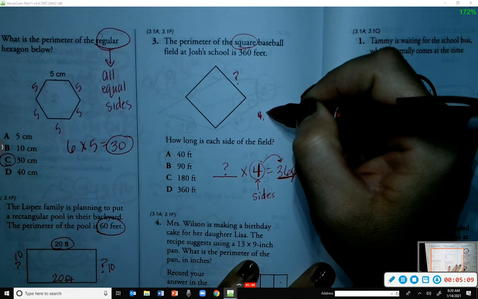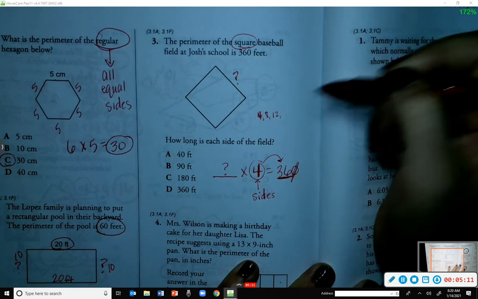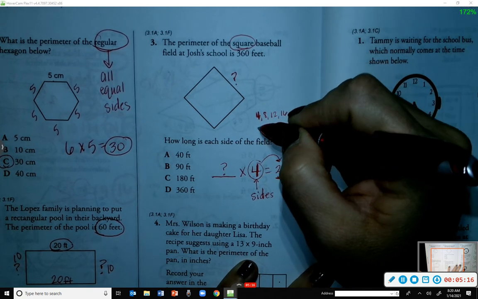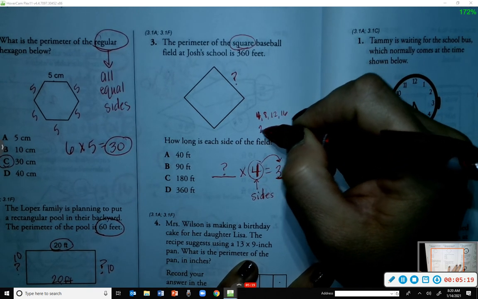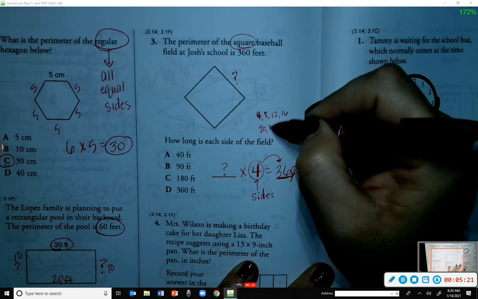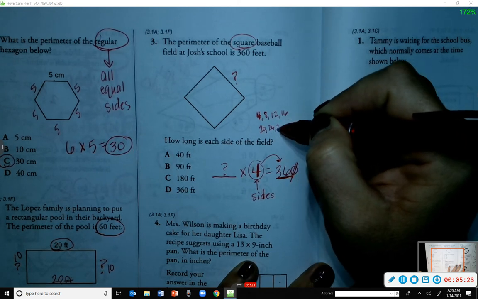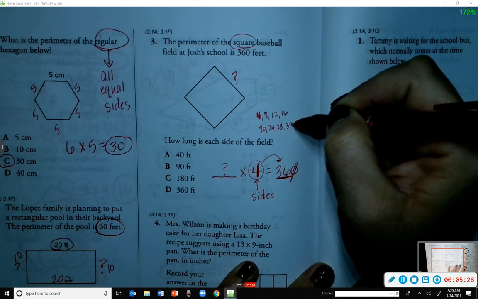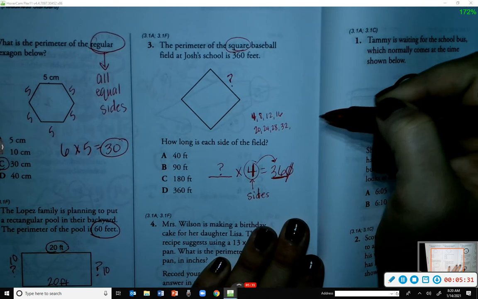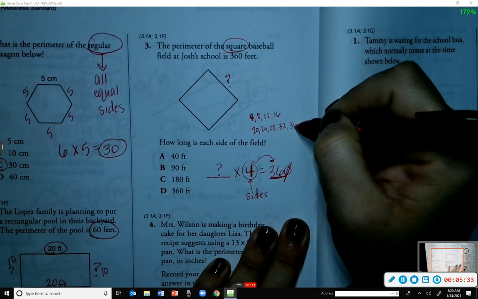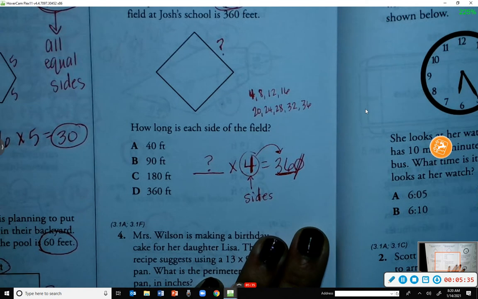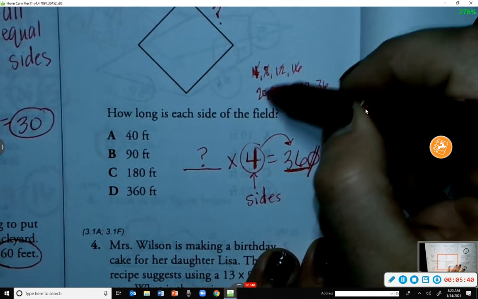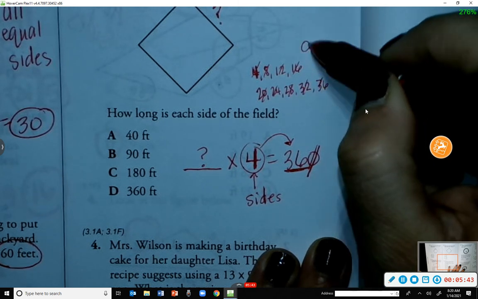So that's 4, 8, 12, 16. What comes next? 20, 24, 28, 32, and 36. Okay, now I count how many times I skipped. 1, 2, 3, 4, 5, 6, 7, 8, 9 skips.